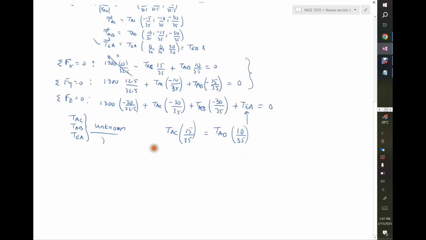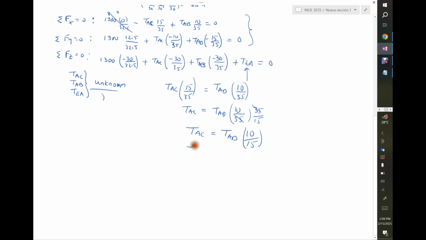So TAC is equal to TAB 10 over 35 times 35 over 15. So the 35 cancels out, and we finally have TAC is equal to TAB 10 over 15. We can simplify that if we want to, but it's enough to just say that TAC equals TAB times 10 over 15.